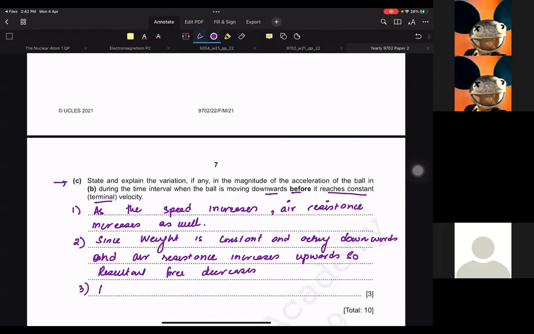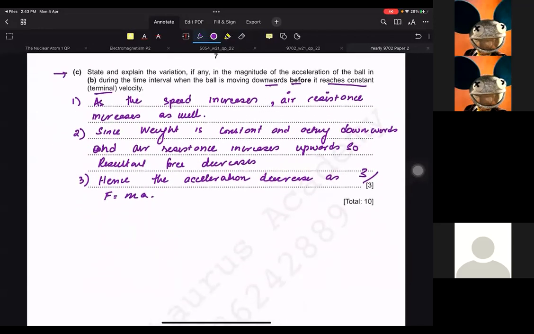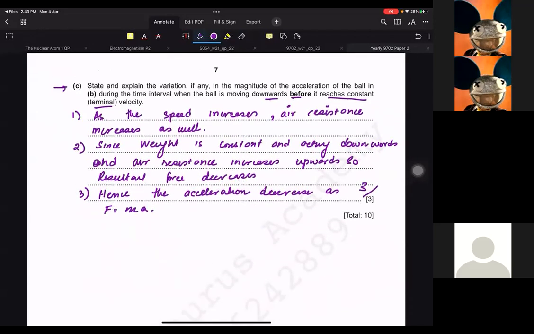Hence, the acceleration decreases, as resultant force equals ma. So that would give you 3 marks. Be very careful. And it's always nice to write in points so you already know what you've missed.